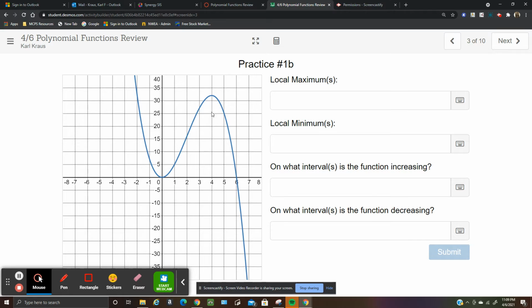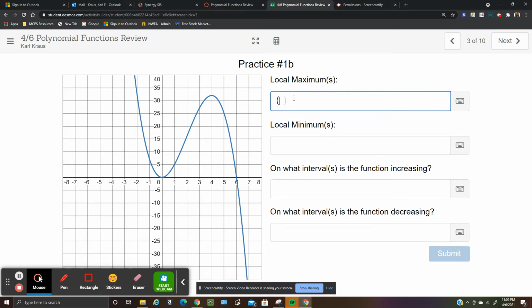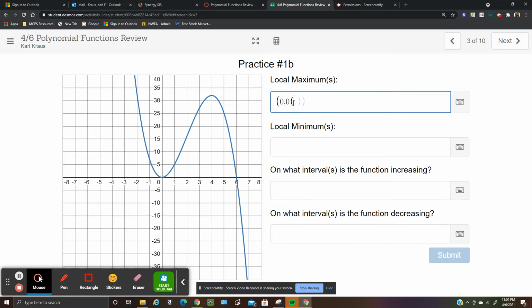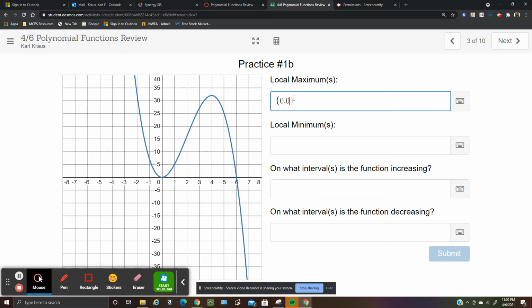And then 1b, the local minimum, is 0, 0. Or you could just write the y value. And then the local, oh, that's the minimum.